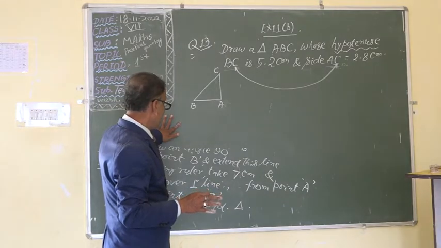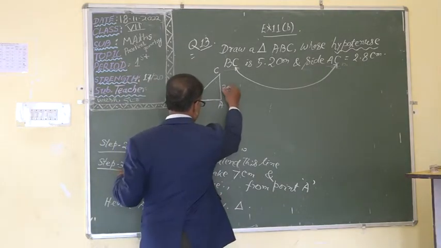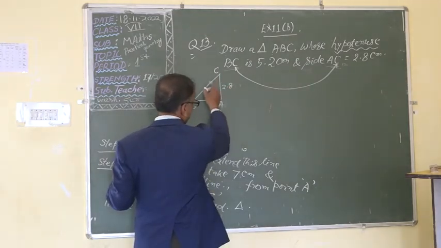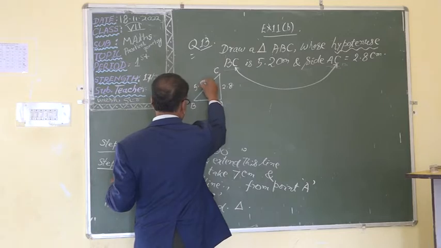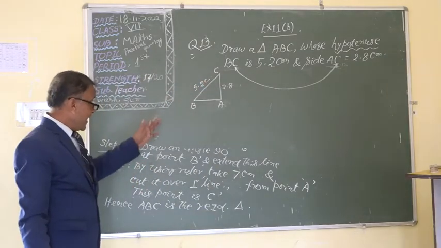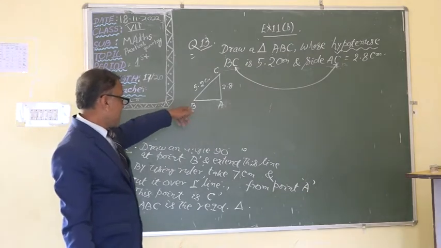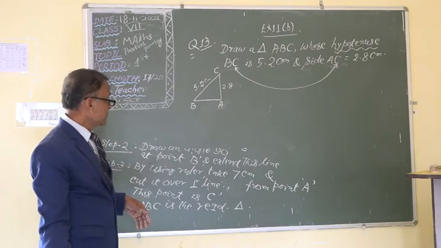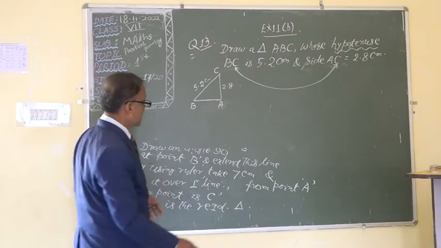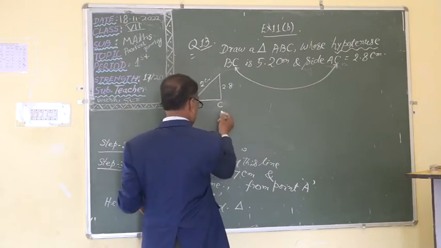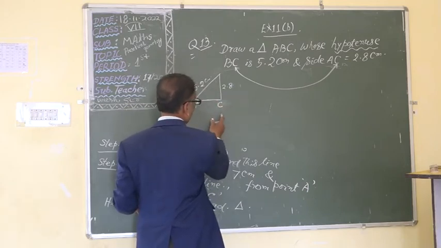BC is the hypotenuse, that is 5.2. AC is 2.8. C will be the 90 degree, no?